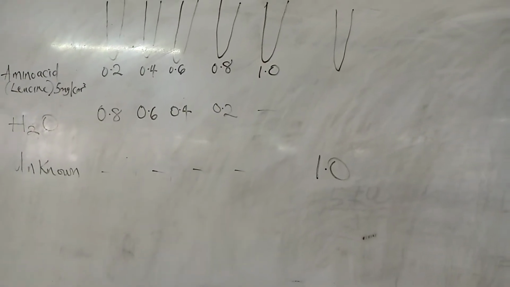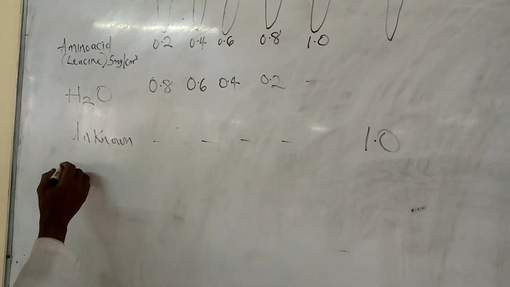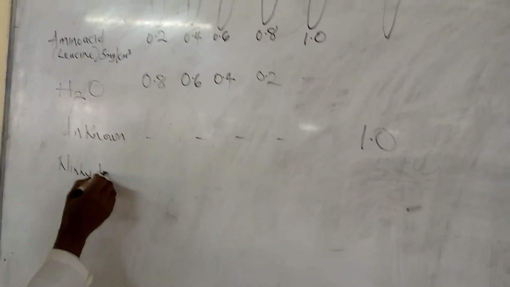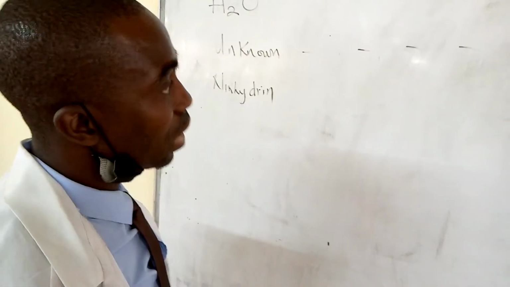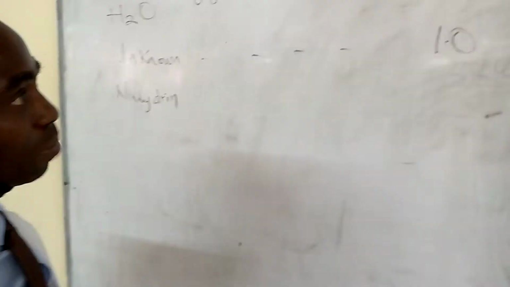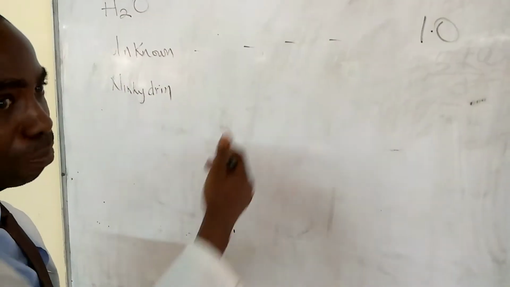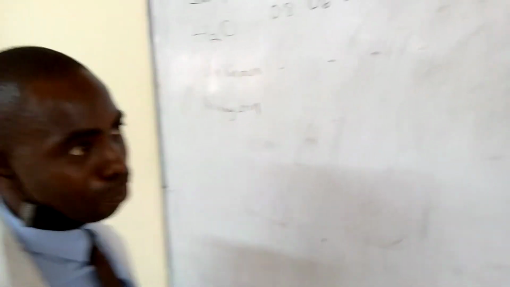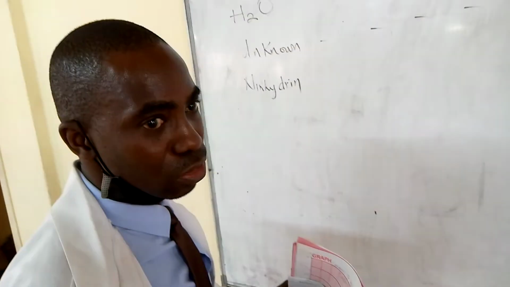And then when we have done this, we can put in what we call our ninhydrin, buffered ninhydrin reagent. It's a reagent that can be used to estimate the amount of amino acids in a sample, and that is because it forms a complex with the amino acid. And the complex can easily be observed because it's a colored complex. Usually it is purple.